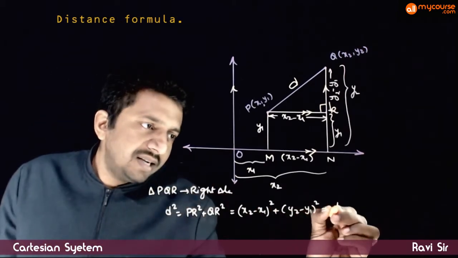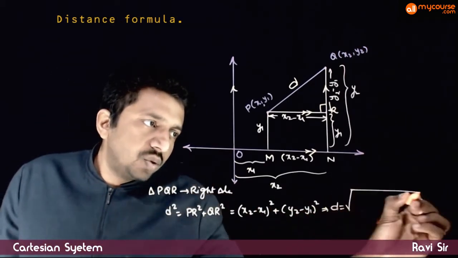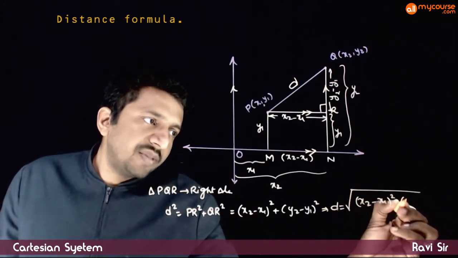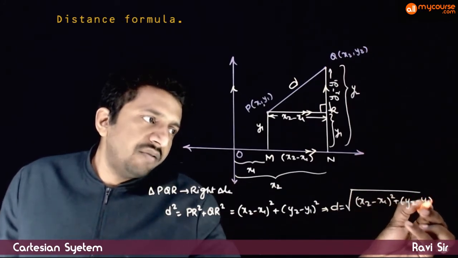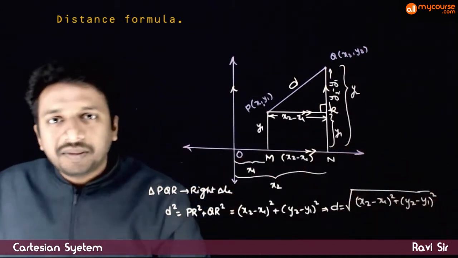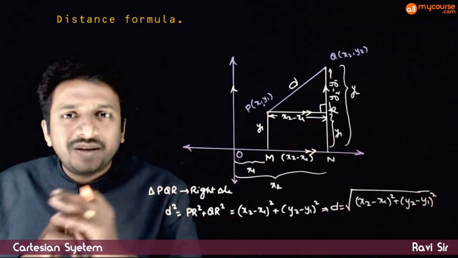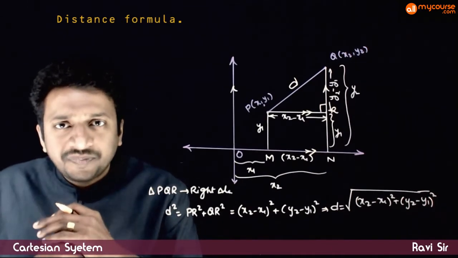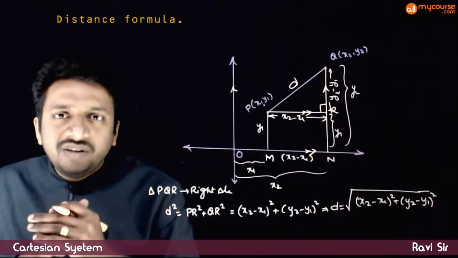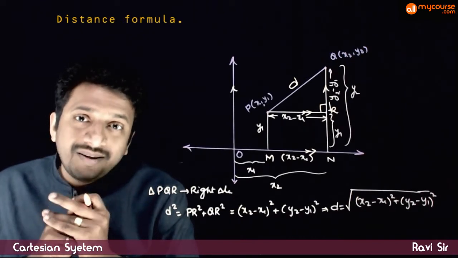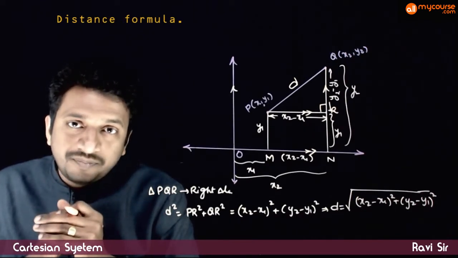This implies d is equal to square root of x2 minus x1 whole square plus y2 minus y1 whole square. So this is a very important formula and the most basic formula in your coordinate geometry. How do you find the distance between 2 points? Square root of x2 minus x1 whole square plus y2 minus y1 whole square.